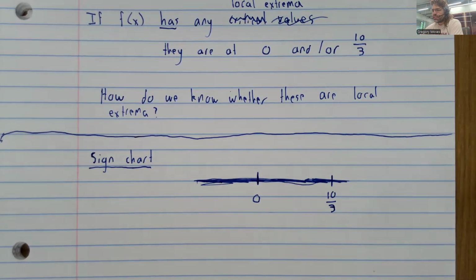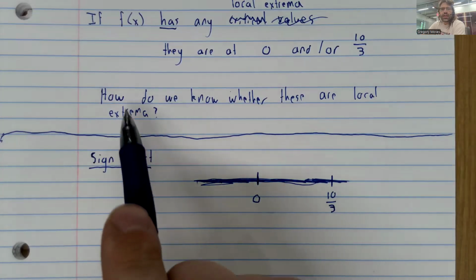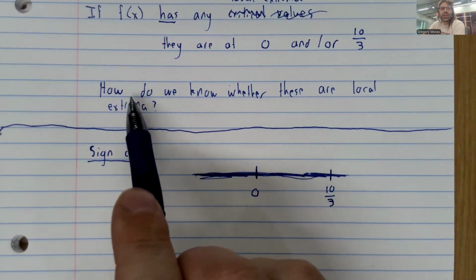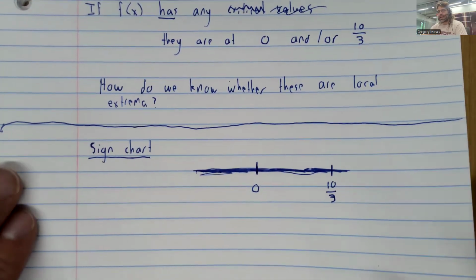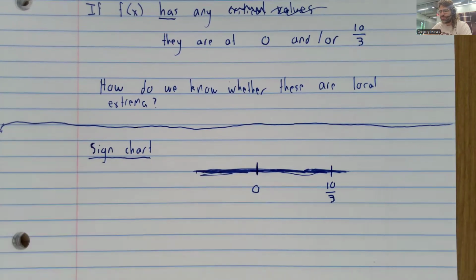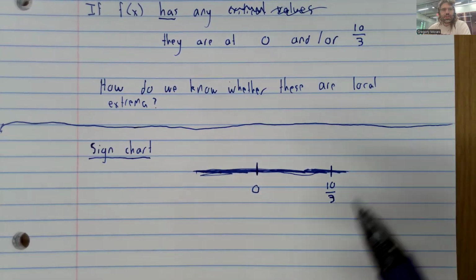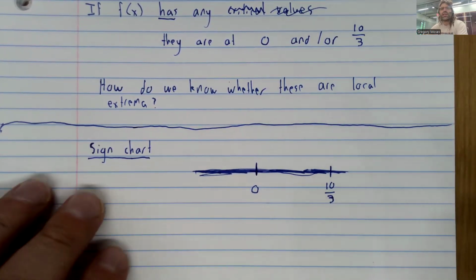And we create a sign chart as part of the first derivative test to answer the question we stated and to classify the critical values. This is review, but maybe I'm going in a kind of weird order.